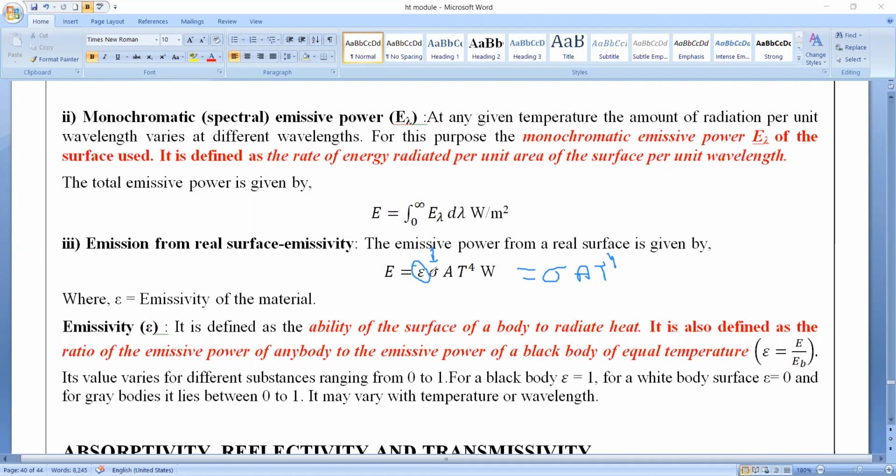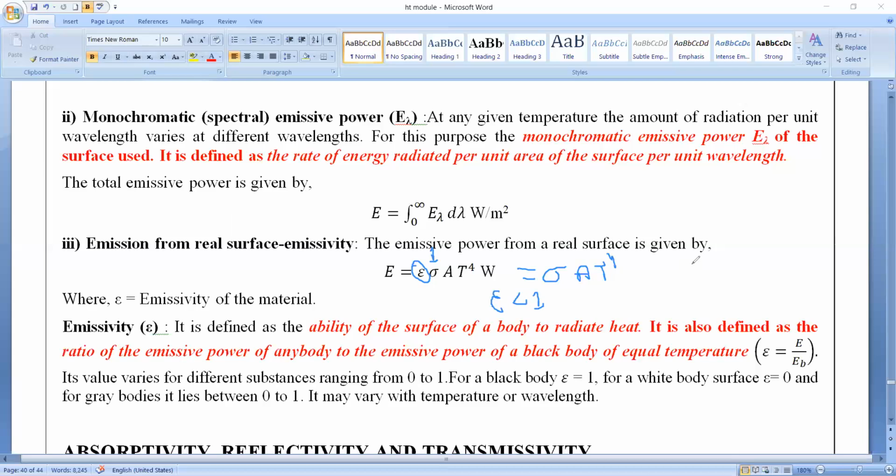Generally, for non-black surfaces, the emissivity is always less than 1. The emissivity value varies from 0 to 1. But for black bodies, emissivity equals 1, and for non-black surfaces, emissivity is always less than 1. So if you consider the emissivity equal to 1, then I can write this equation as sigma A T to the power 4, which is nothing but the equation for a black body.